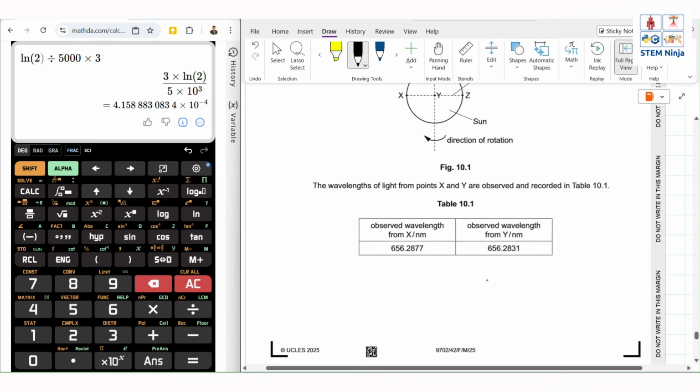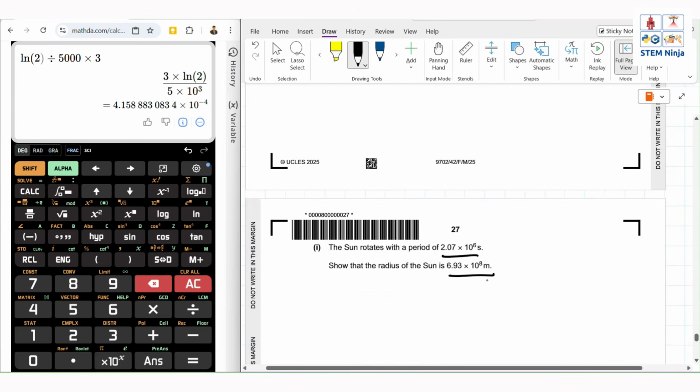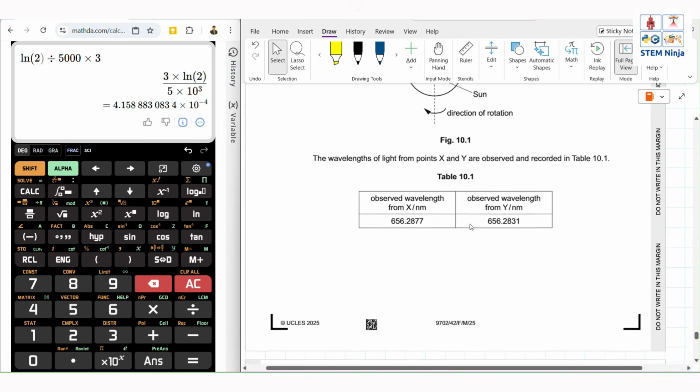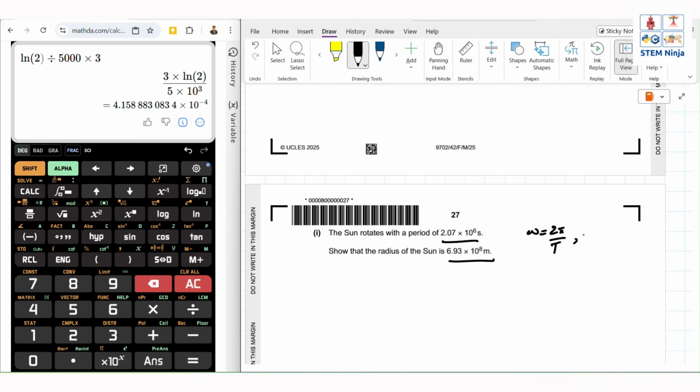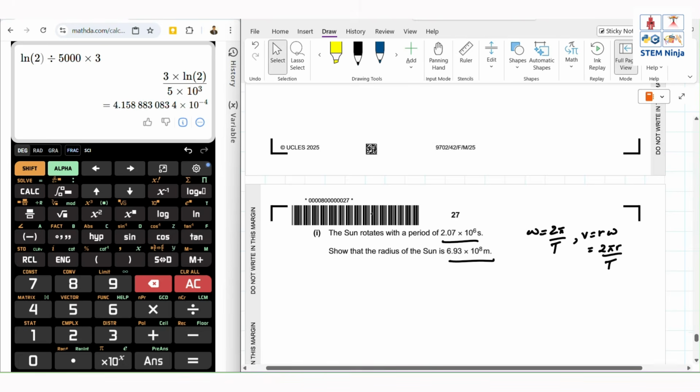Right, okay. So what we need is to find the radius of the sun. First off, let's list the quantities that we have. From the period, we can find omega, 2 pi over T. The speed v is r omega, so that is 2 pi r over T. Have they given us the radius?